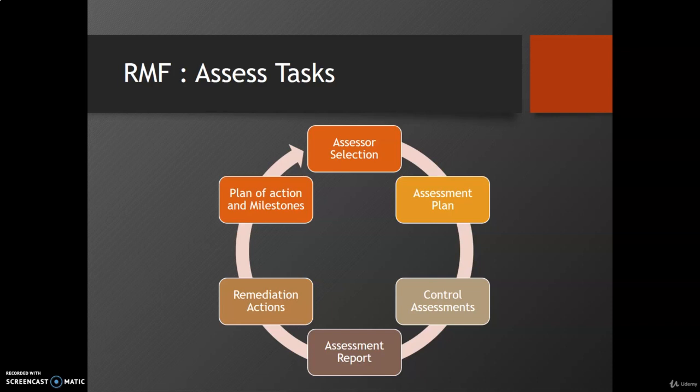The system owner, common control provider, and organization rely on the technical skills and expertise of assessors to assess the implemented controls using the assessment procedures specified in the assessment plan, and to provide recommendations on how to respond to control deficiencies to reduce or eliminate identified vulnerabilities or risks.